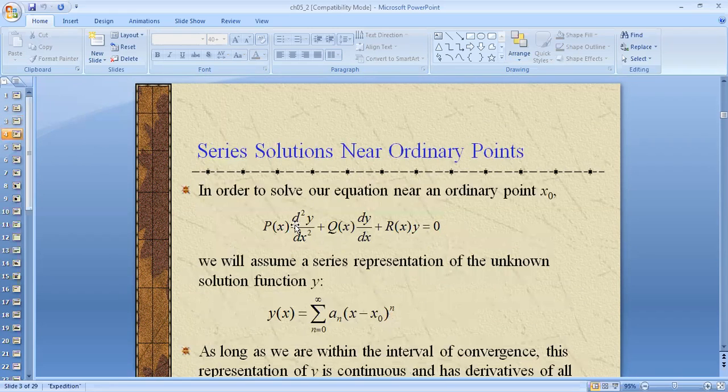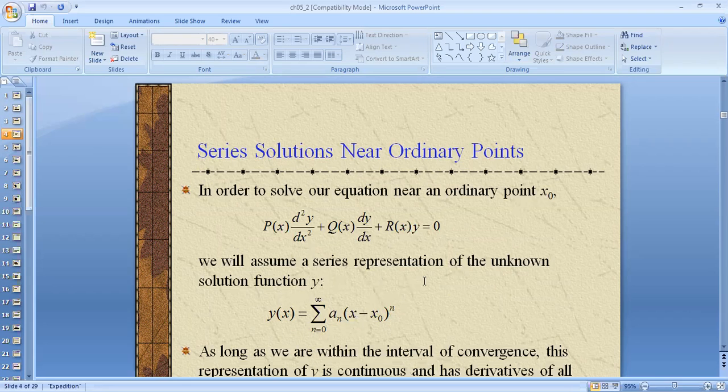In order to solve these types of ordinary differential equations at any point x naught, in the neighborhood of x naught we'll assume a series representation of the unknown solution: y of x equals the summation, n equals 0 to infinity, of a n times x minus x naught to the power n.